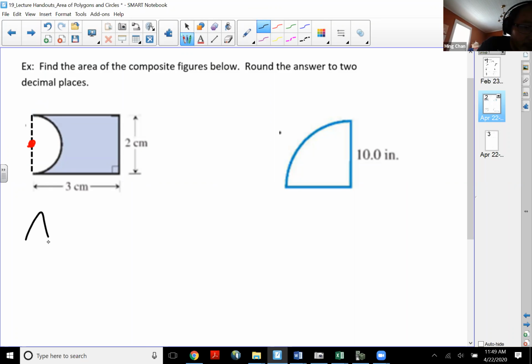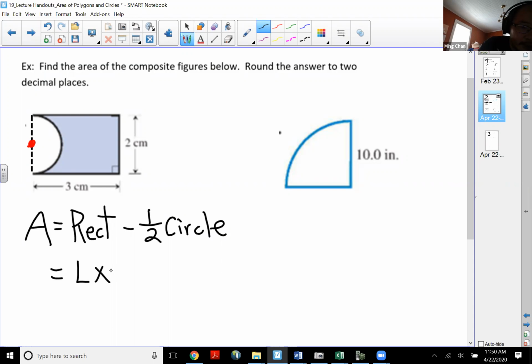So to find the area of the composite figure, we will take the area of the rectangle minus the area of a half circle. So these are areas, so I've got to use the area formulas. Length times width is the area of a rectangle, minus half times pi r squared.